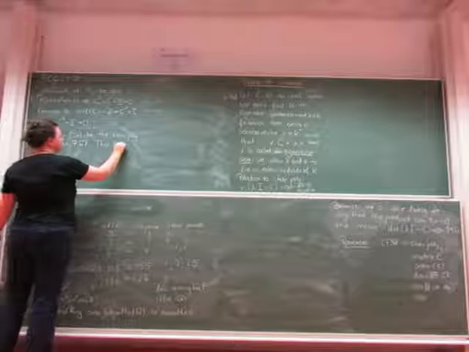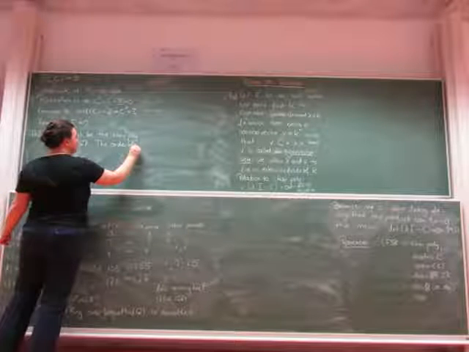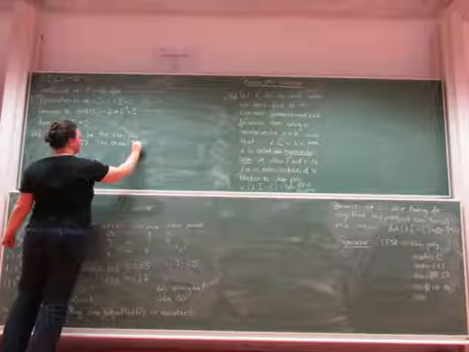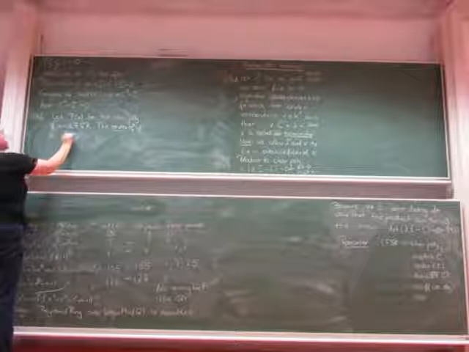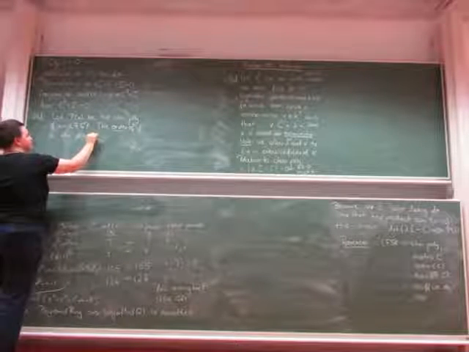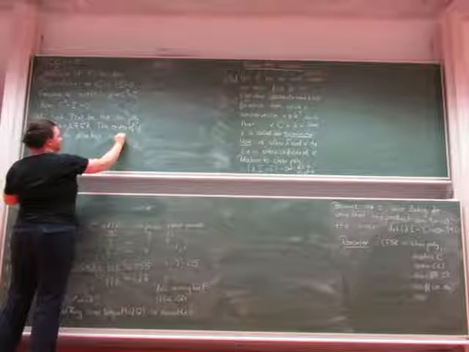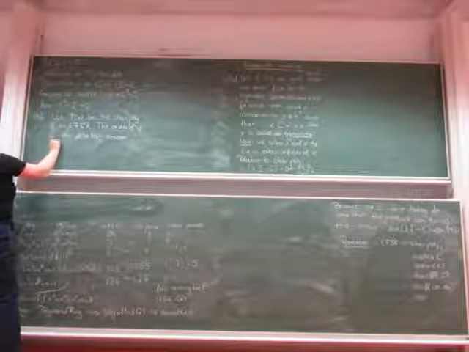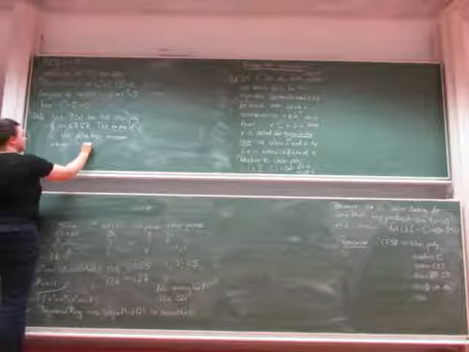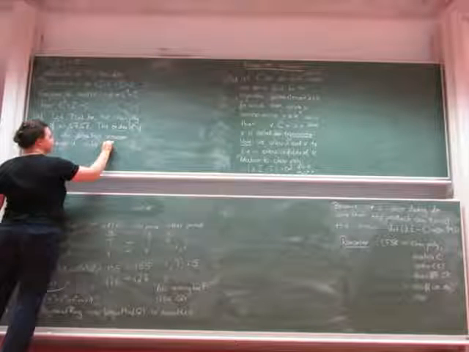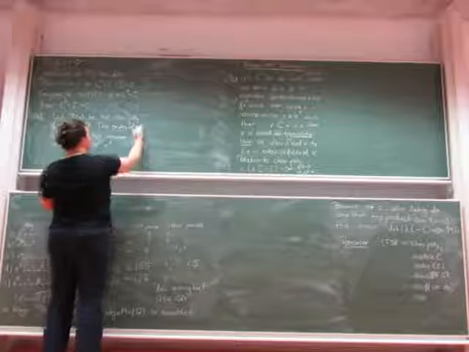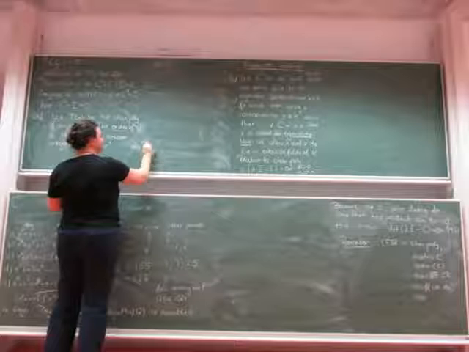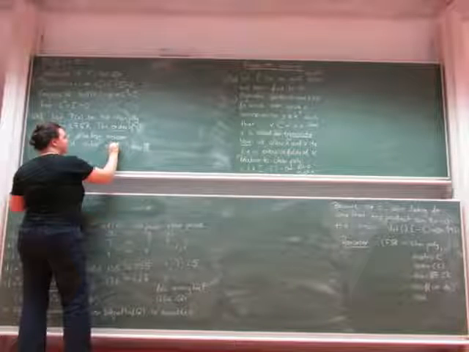The order, or period, of p is the smallest non-zero integer d with, when you compute x to the d and you reduce it mod p, this polynomial, then you're getting 1.